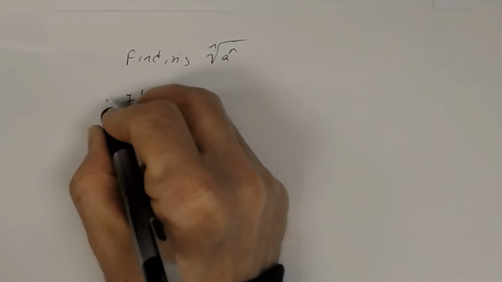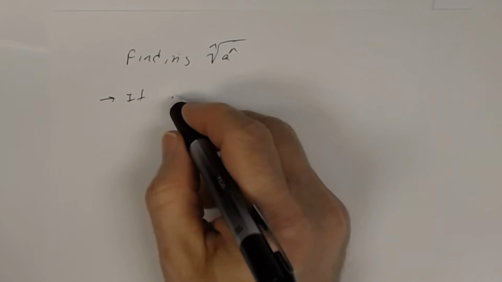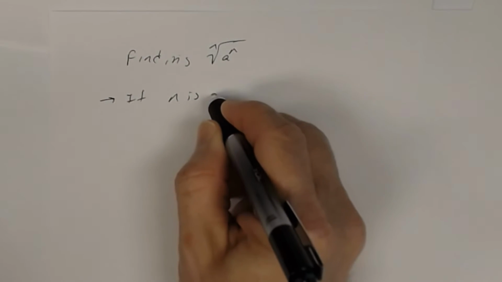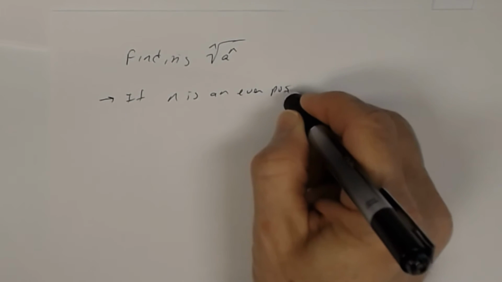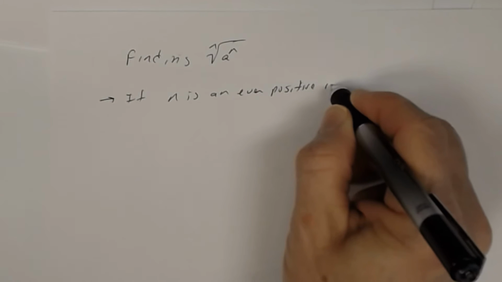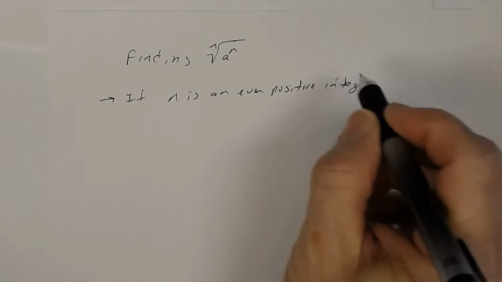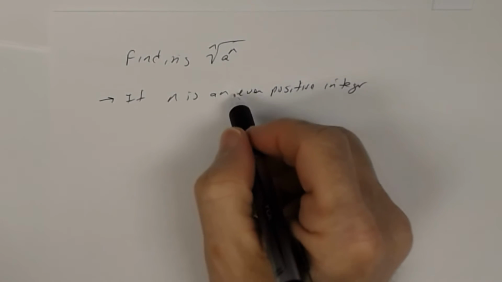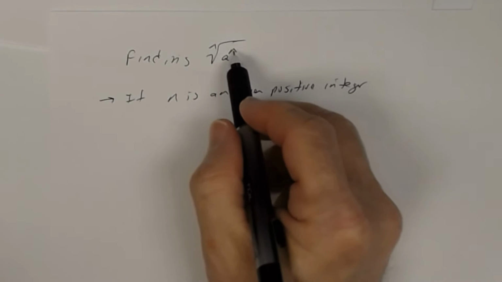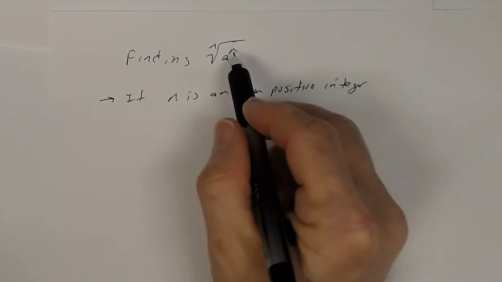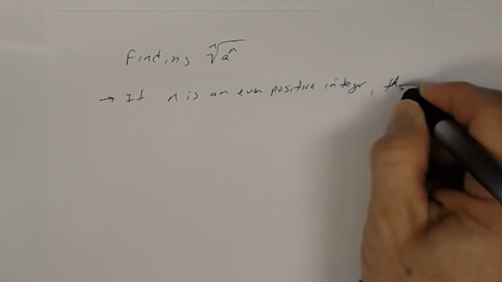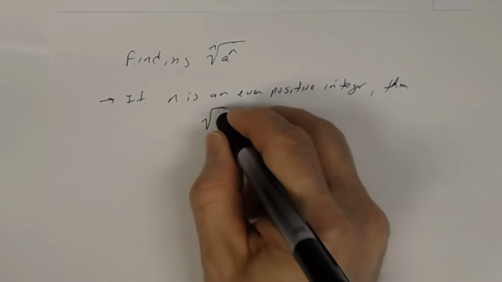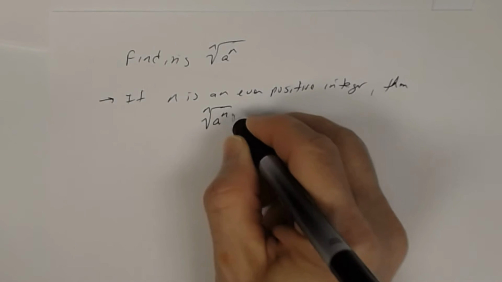If n is an even positive integer, okay? So if n is an even positive integer, so positive 2, positive 4, positive 6, and so on, then the nth root of a to the n.